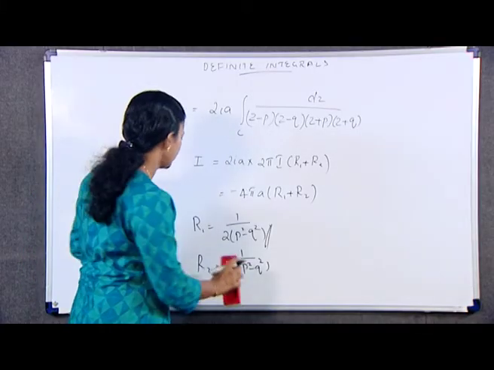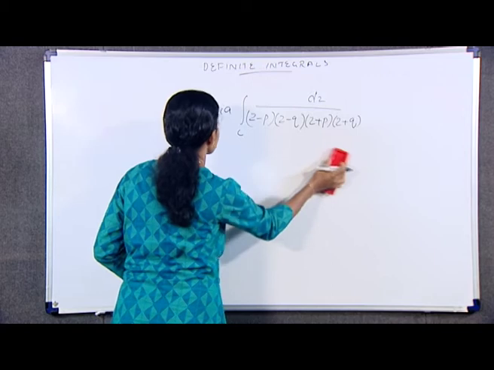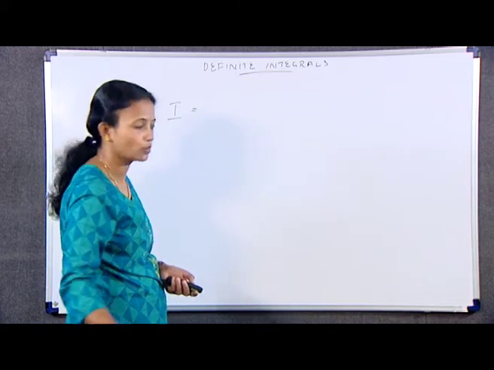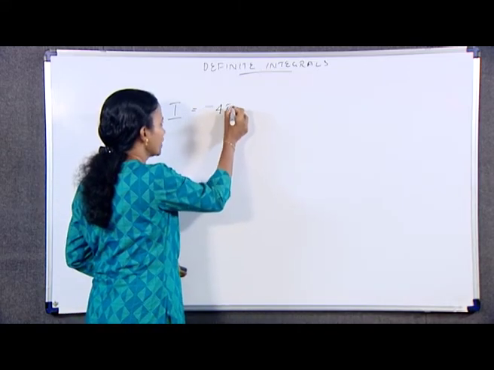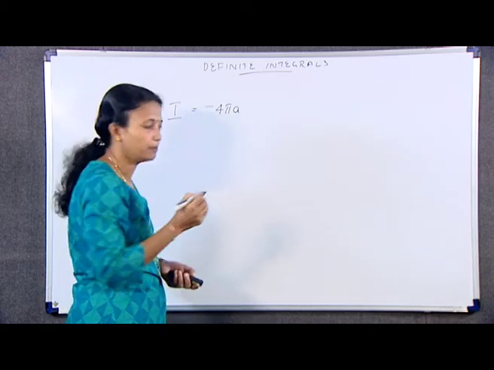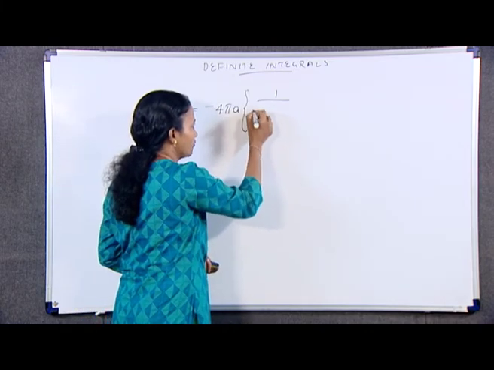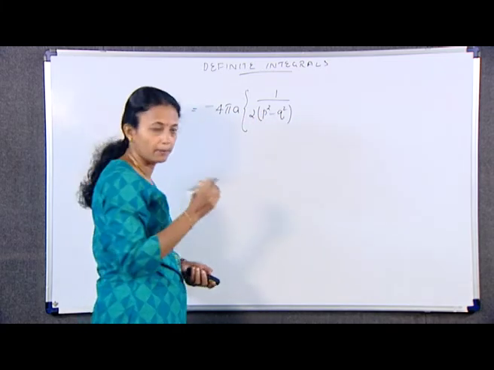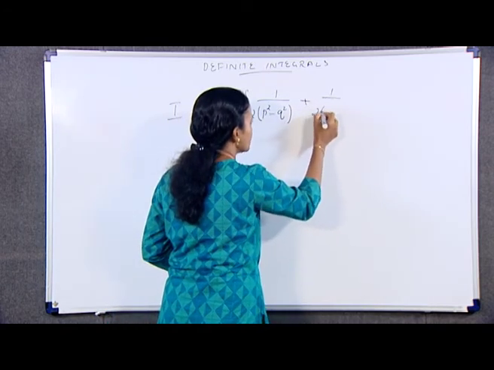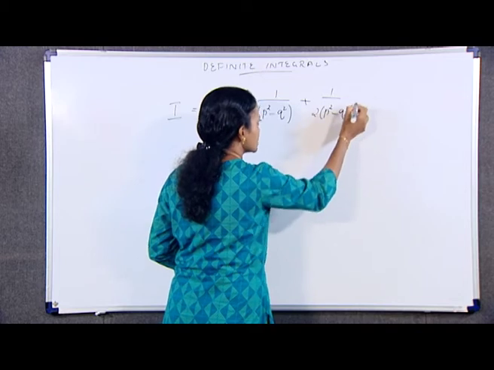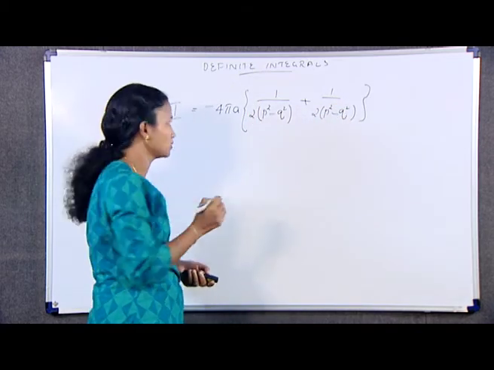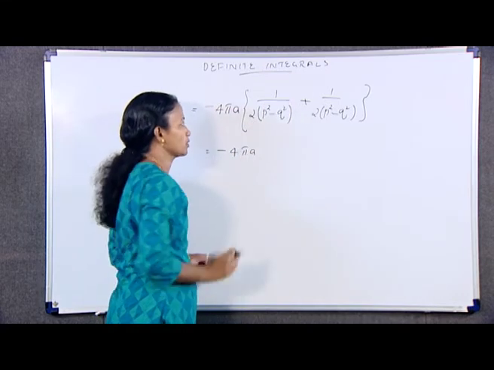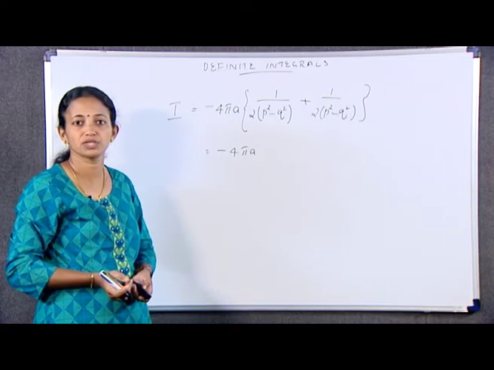Therefore, we can write I is equal to minus 4 pi A into 1 by 2 into P square minus Q square, that is our R1, plus 1 by 2 times P square minus Q square, this is our R2, which is equal to minus 4 pi A. Here we have 1 by 2 into P square minus Q square, and again we have 1 by 2 into P square minus Q square.